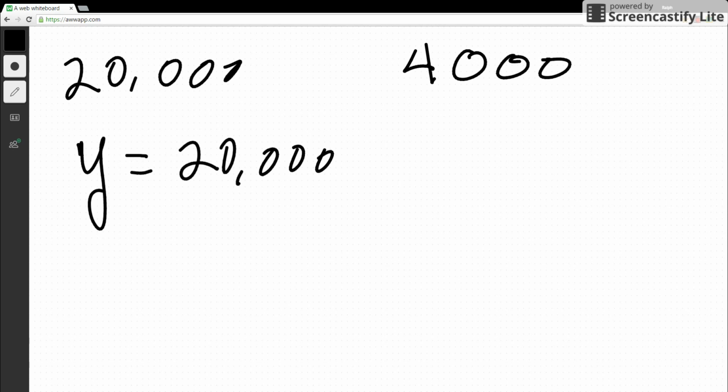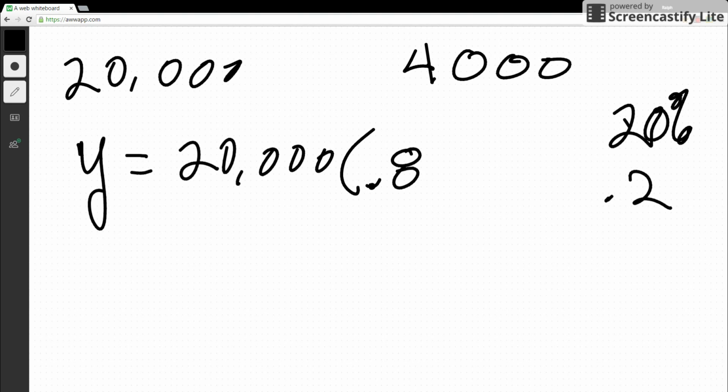Now, it's decreasing by 20%. So that's 0.2, but I have to subtract it from 1, so I'm going to be 0.8. I want to figure 6 years.